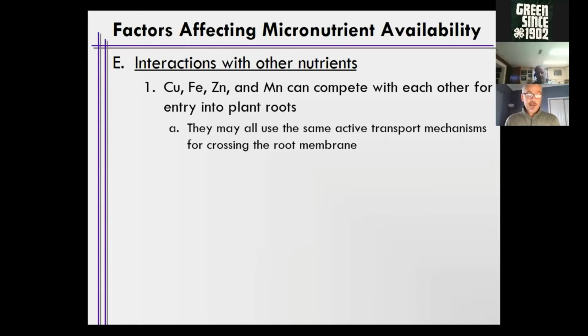And it's generally considered that all 4 of these elements are taken up in the same fashion, using the same active transport mechanism that carries these 4 elements from outside the plant root to inside the plant root, right? So if all 4 of these elements are competing for one pathway to enter the plant root, there's a bottleneck there, depending on the concentrations of these 4 elements within the soil environment.